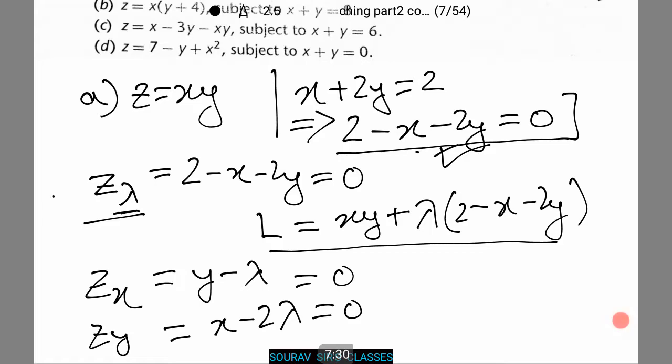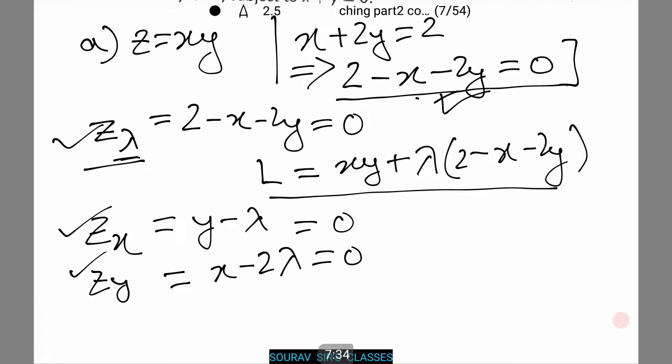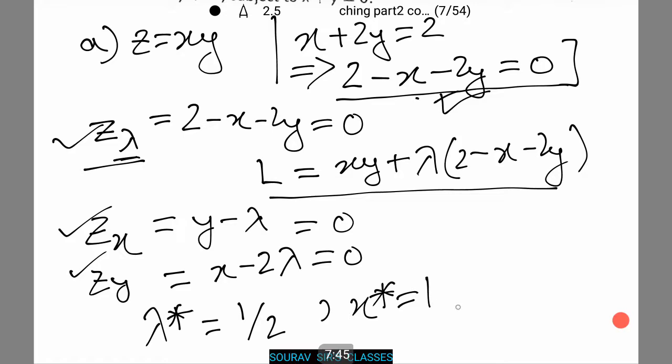Thus, on using these 3 equations, we'll find the value of lambda star, which comes as half, and x star is obtained as 1 and y star is obtained as half.